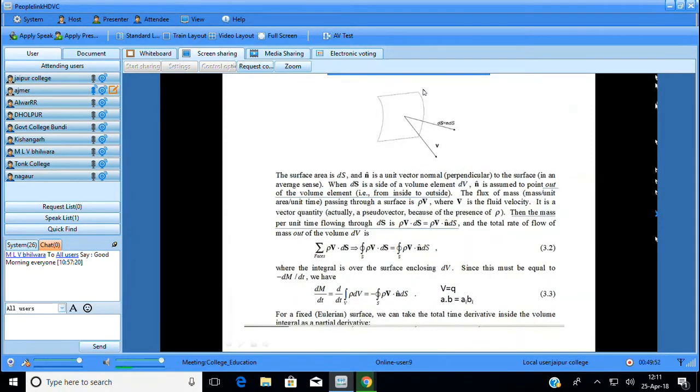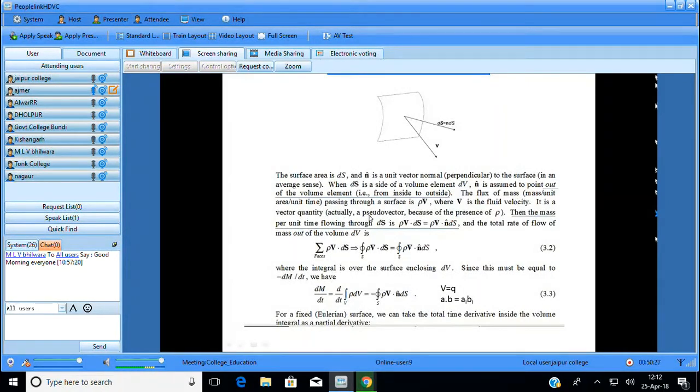On a surface area dS, n is a unit normal vector perpendicular to the surface in an average sense, where dS is the side of the volume element dV. n is assumed to point out of the volume element, from inside to outside. That is important, inside to outside, because we are taking a negative sign here. That negative sign comes from this direction, from inside to outside.